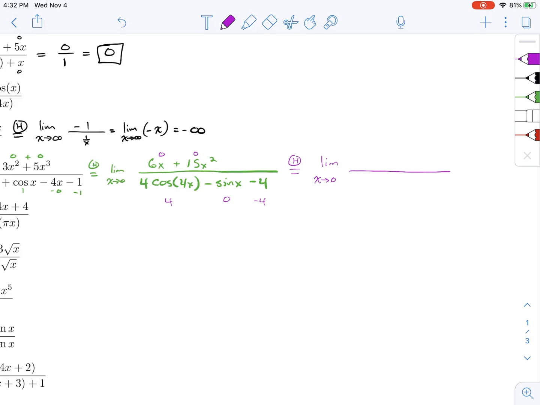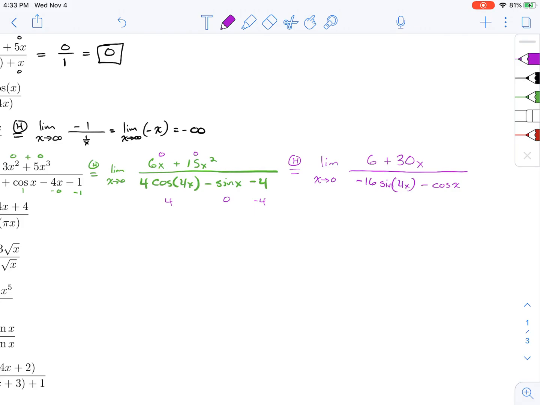Up top, when we take the derivative, we get 6 plus 30x. And on bottom, let's see. Derivative of cosine 4x is going to be negative sine 4x times 4. And we've already got a 4 on there, so this is going to be minus 16 sine 4x. Derivative of sine is cosine.